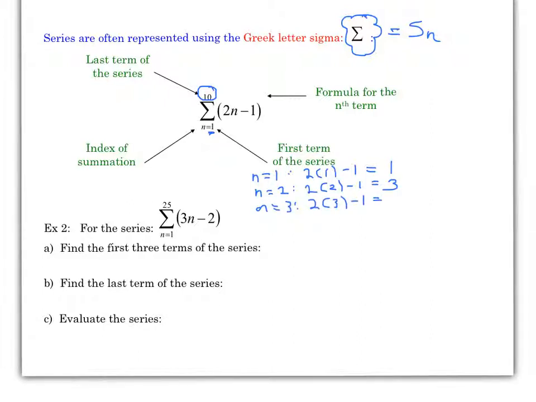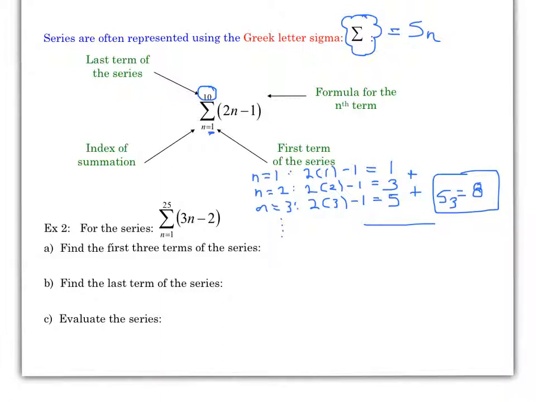You can see how this would be really tedious. 6 minus 1 is 5. And then we would keep going, but the idea is if we're summing, we're going to then add all of these terms together. So far I have 5, 6, 7, 8. So S sub 3, the sum of the first 3 terms would be 8.